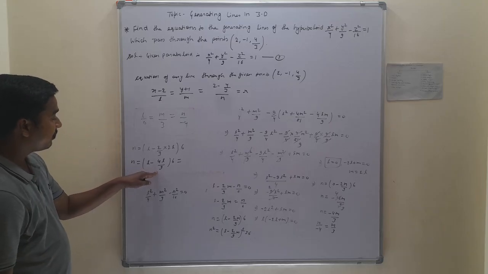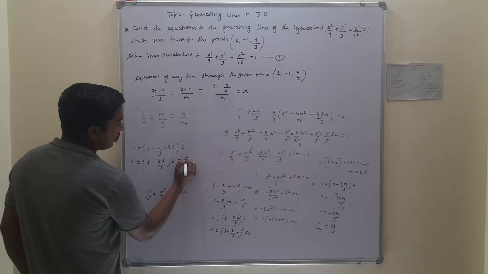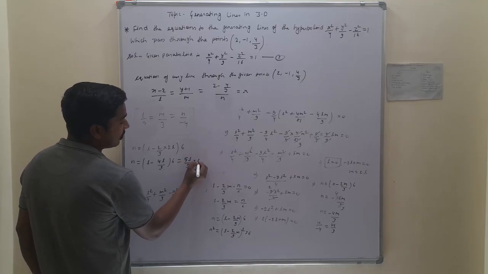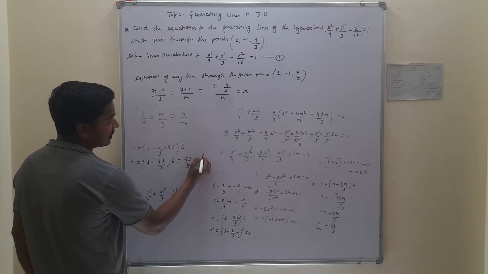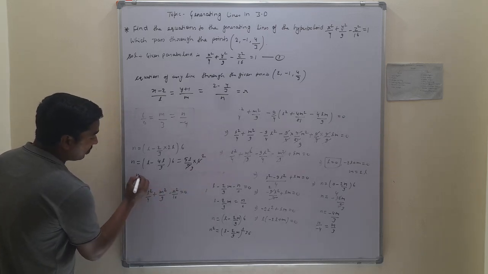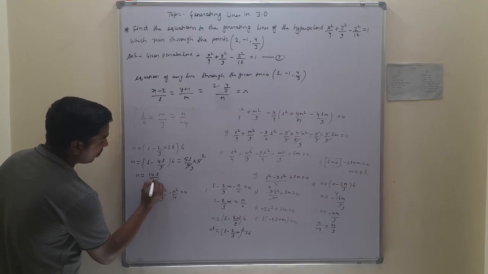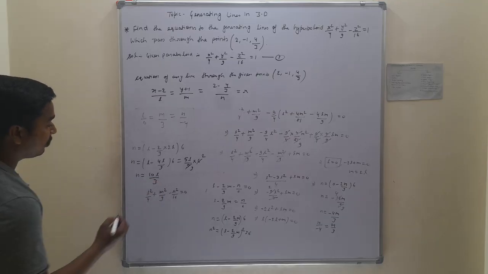Taking LCM, this is 9L minus 4L, we get 5L upon 9 into 6, and cancelling the terms, 3 twos are 6 and 3 threes are 9. We get N is equal to 10L upon 3.